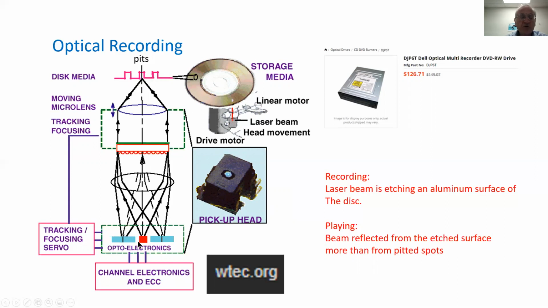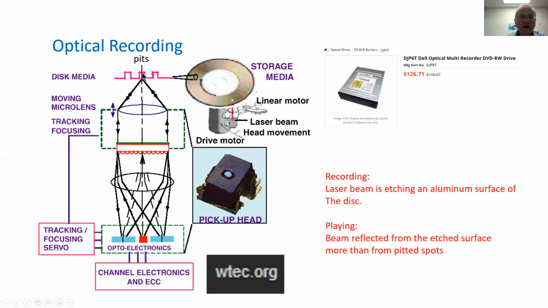When we apply a laser light pulse such as a 1, we cause a pit in the aluminum coating of the storage media, on the order of a micron in diameter.